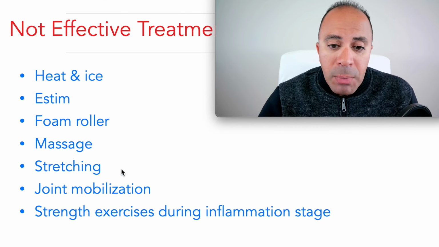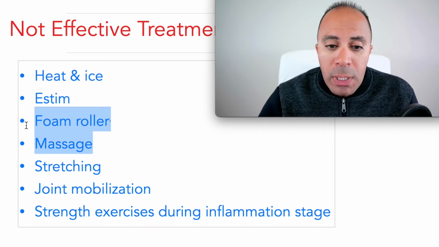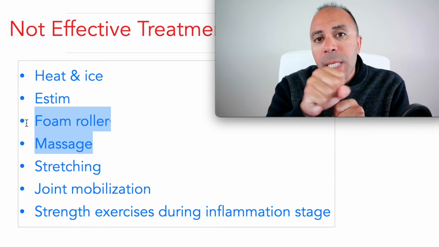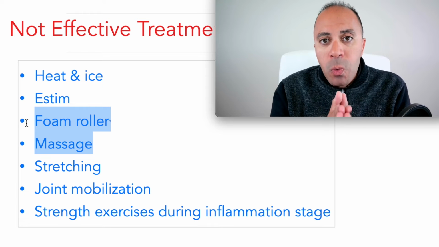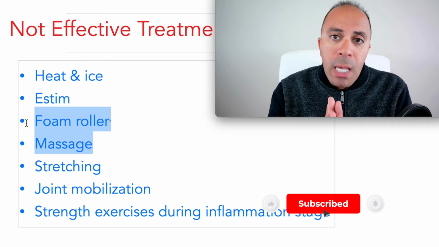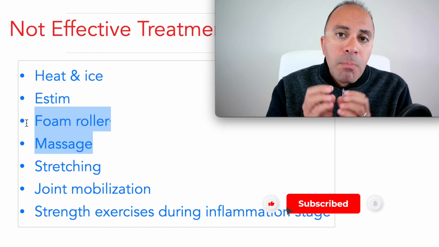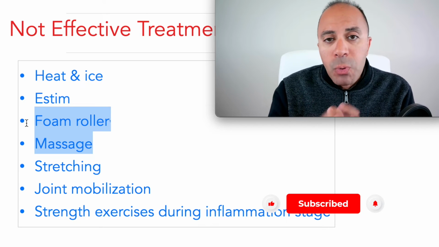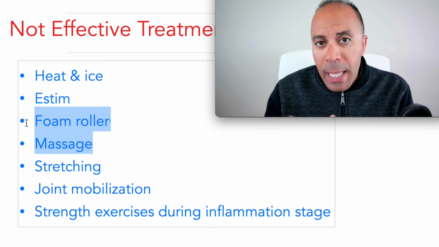The other thing that's been used is massage and foam roller. Think about it this way: you have an open wound, an inflamed area. If you continue rubbing it, you're going to inflame it more. So the foam roller and massage could make it worse. But the problem is, based on the studies, massage and foam roller either provide temporary pain relief or no pain relief.